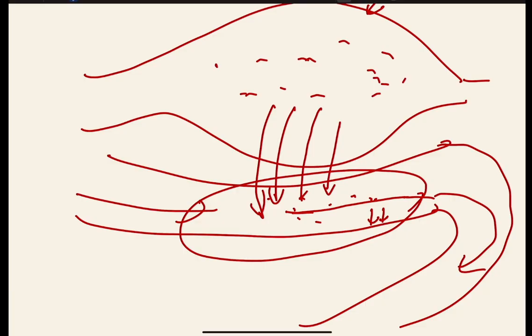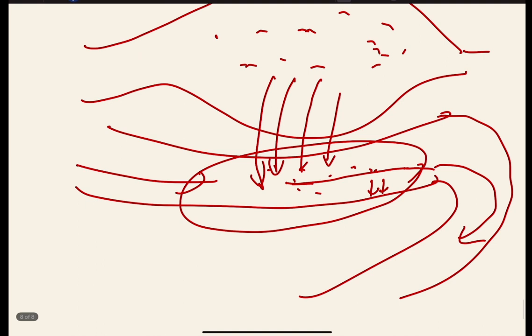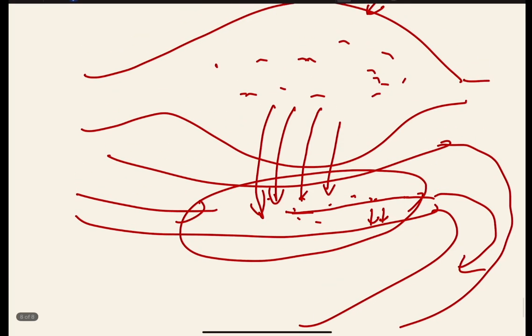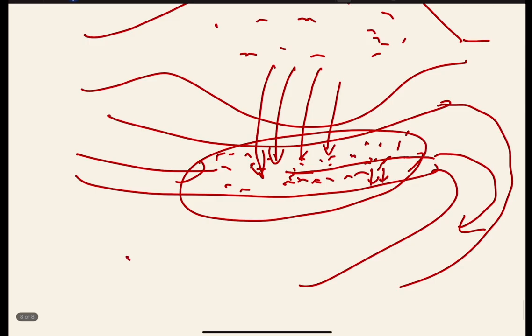But if there is less vascularity, maybe because of some pathology there is decrease in vascularity in this particular muscle, then these drugs will be accumulated in this area, and there will be more and more concentration. There will be increased concentration, but there will be decrease in concentration gradient.